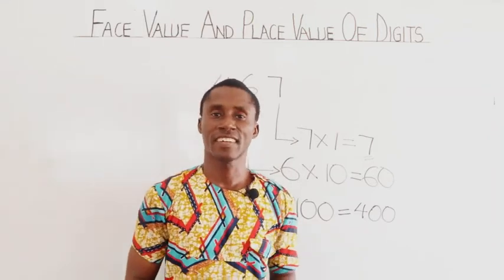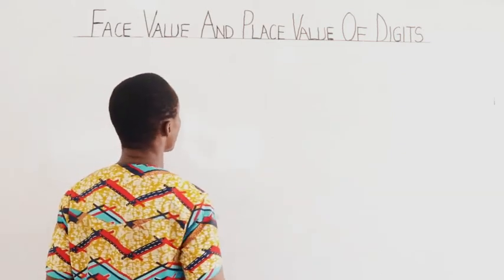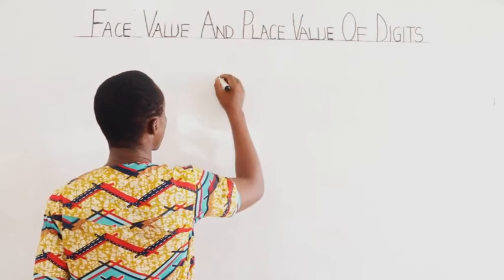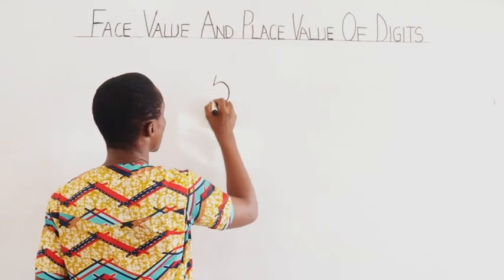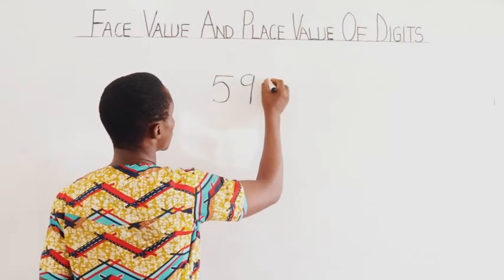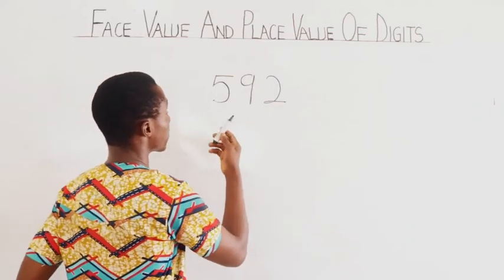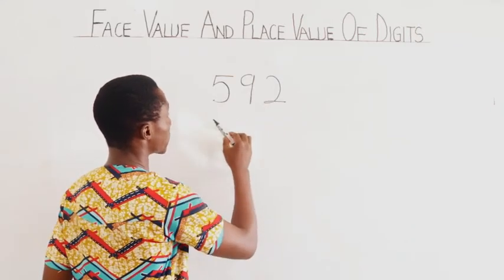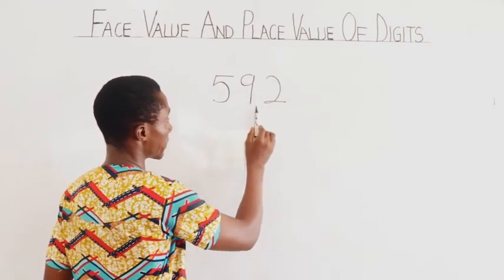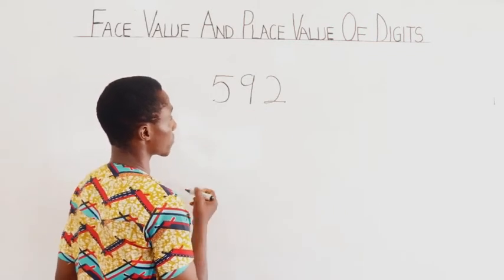Let's look at another example. So let's find the place value of each digit in the number 592. Let's start with the digit 2.